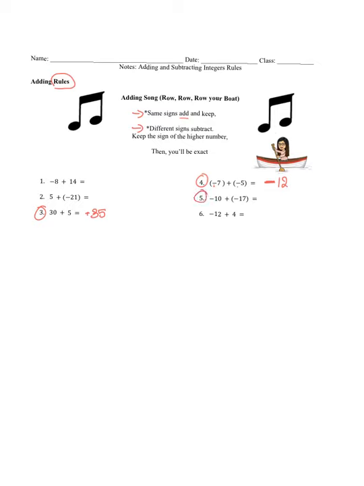Are they the same side or different sides? They are the same side, right? Negative 10 and negative 17. If they are the same side, you add and keep the side. Keep means they are both negative, so we keep the side as negative.